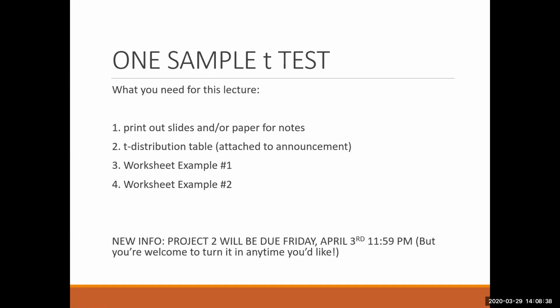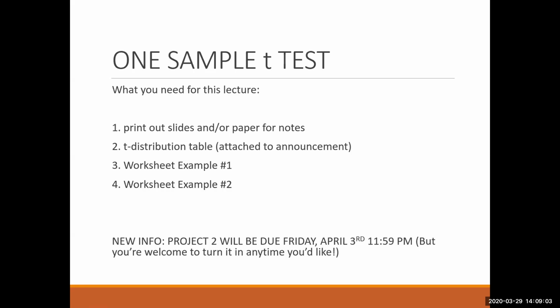As the slide says, for this lecture you're going to need a printout of the slides and/or a sheet of paper or notebook to take notes. It would be really beneficial for you to do this and to take notes and then ask questions when we get together on Tuesday.